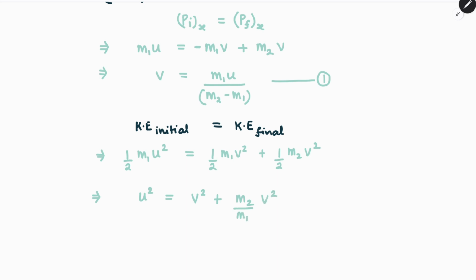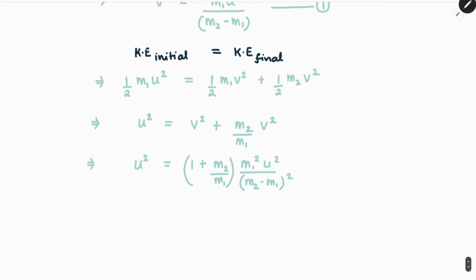v squared. So we need to calculate this ratio m2 by m1, and we put v equals m1u upon m2 minus m1. Therefore we can write this equation as u squared equals 1 plus m2 by m1 times v squared. So v squared can be written as m1 squared u squared upon m2 minus m1 squared.